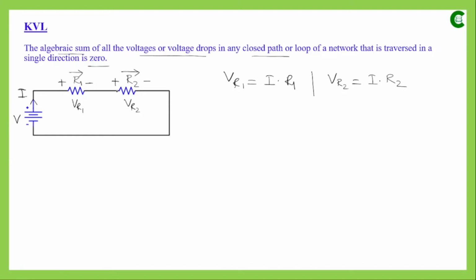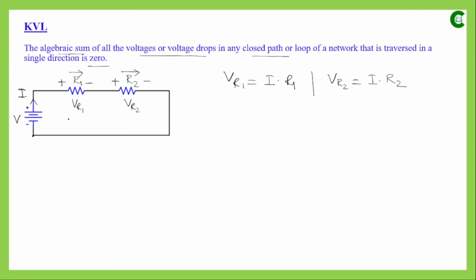Next is to develop the algebraic sum as per the law. Now if we start our journey from this point of this network and go by the direction of the current, the first element that we come across is the voltage source, next is R1, and then R2.